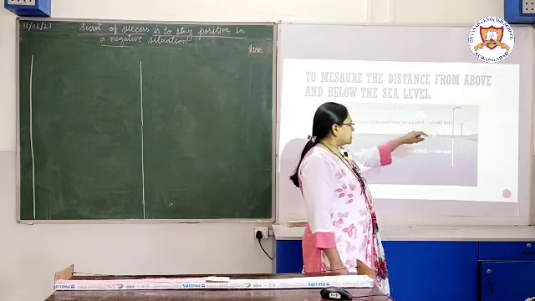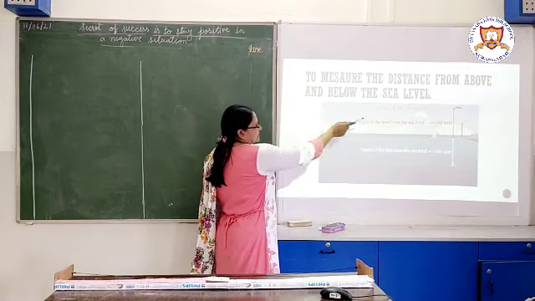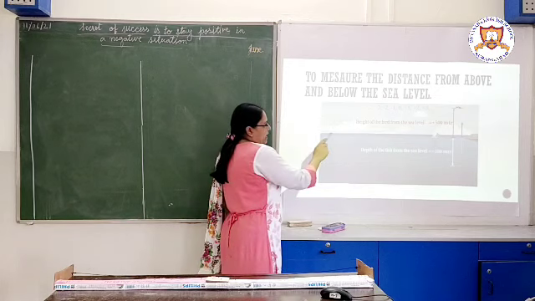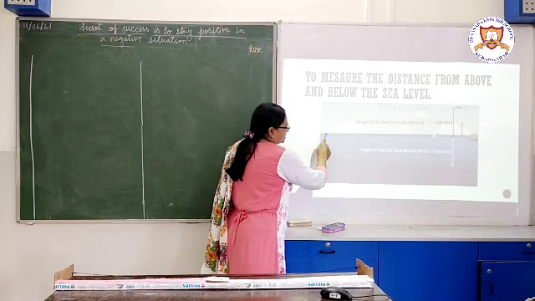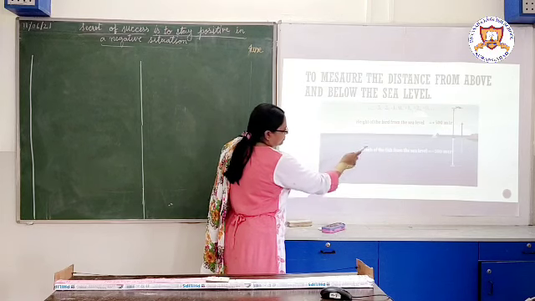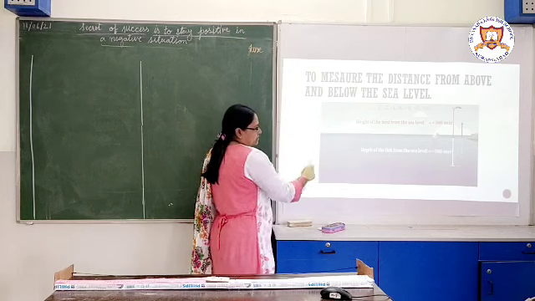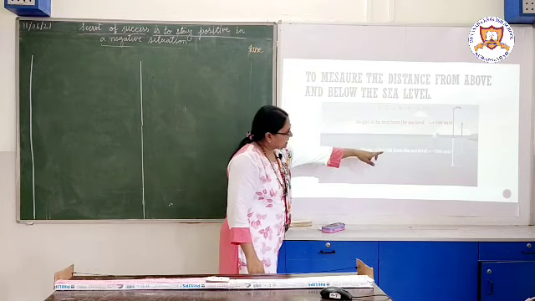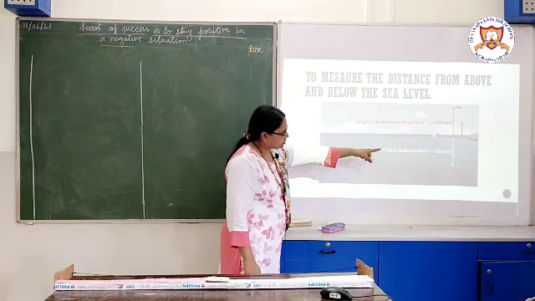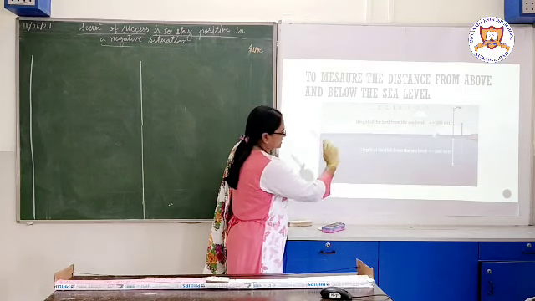Here, see, positive 500 meters above sea level. That bird is flying. And below, if any fish is there and you want to measure the distance from sea level, then we show it by the negative sign. Here we use negative 500 meters.